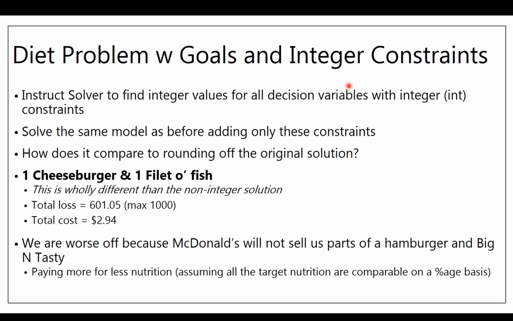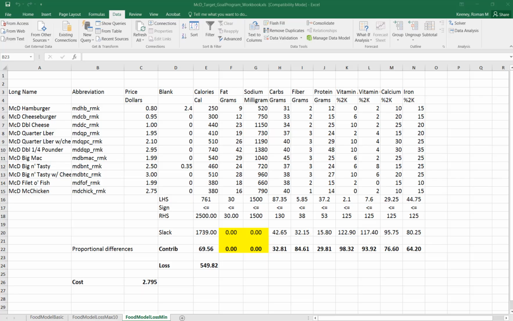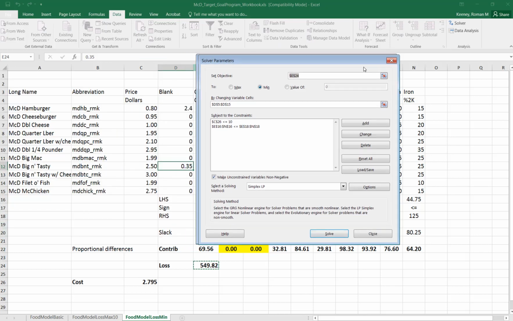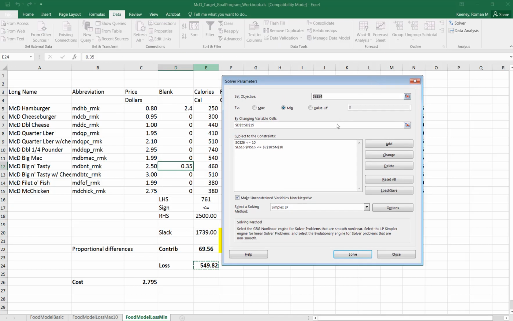So let's do the diet problem with goals and integer constraints. Let me bring up the spreadsheet. We have our previous solution of 2.4 and 3.5, and I'm going to go to Solver and force this model to adhere to McDonald's rules, which say you buy the sandwich or you don't.